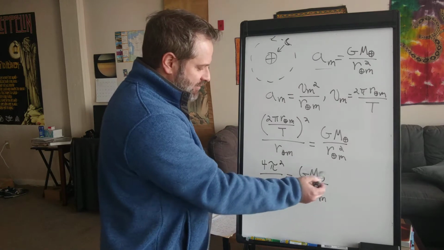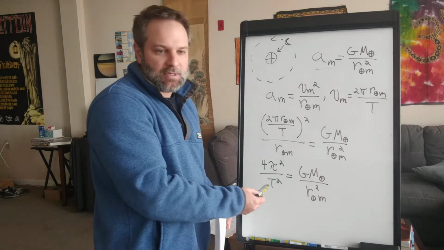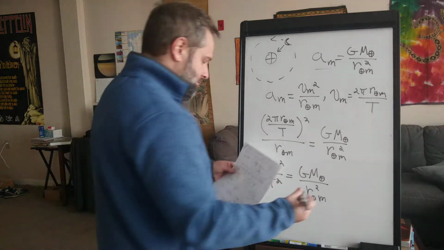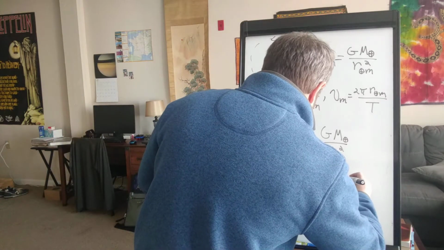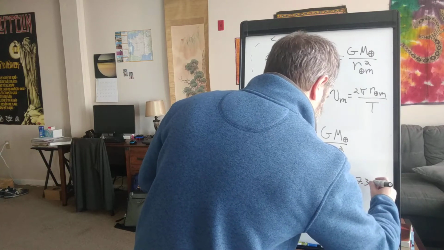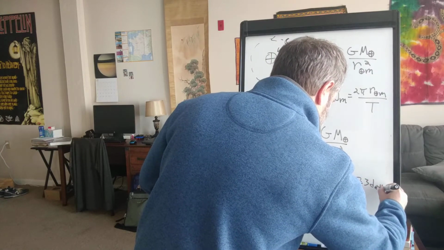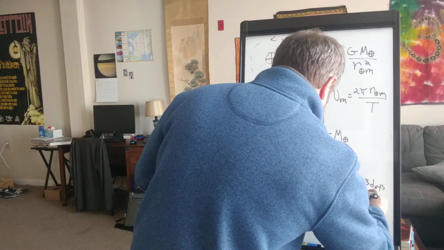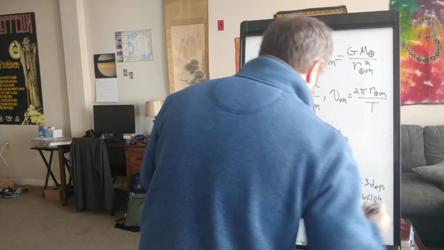So we can find both of these numbers. The period of the moon is, I wrote it down, 27.3 days, a lunar month, which is 2.36 times 10 to the 6 seconds.